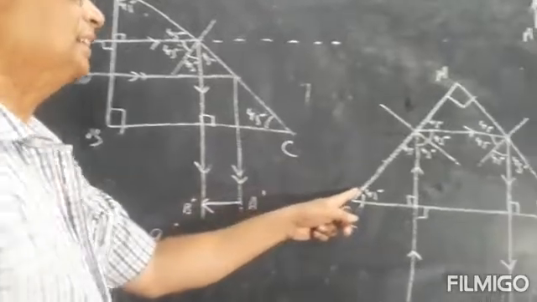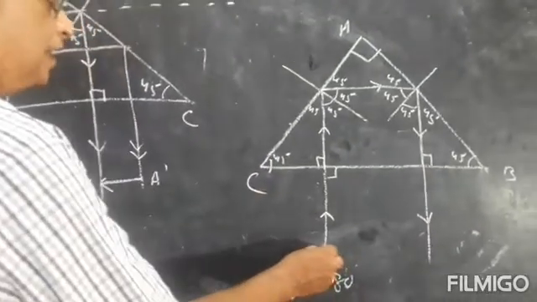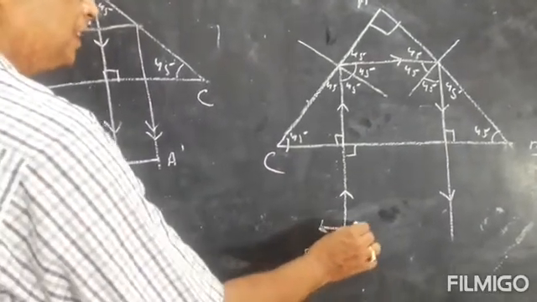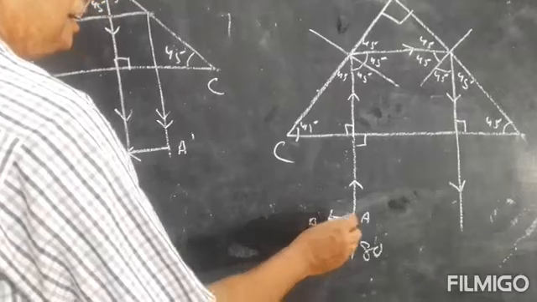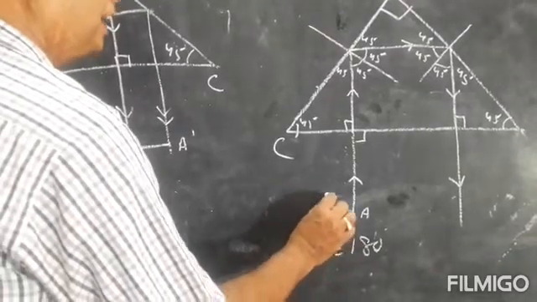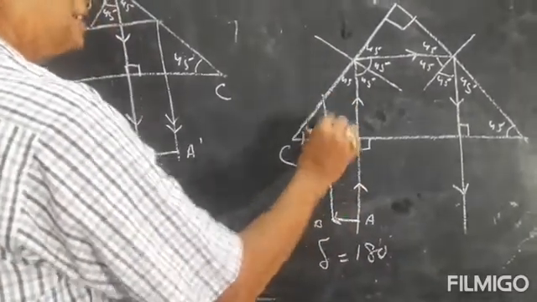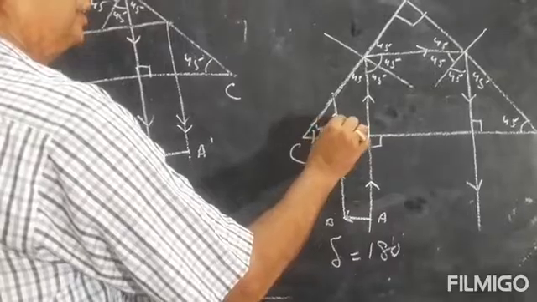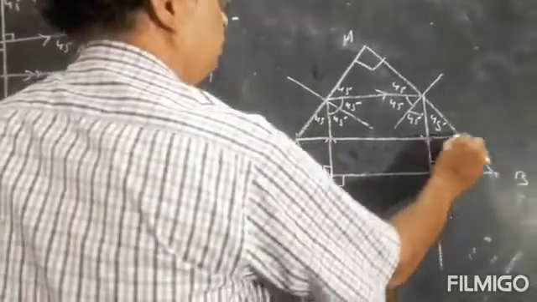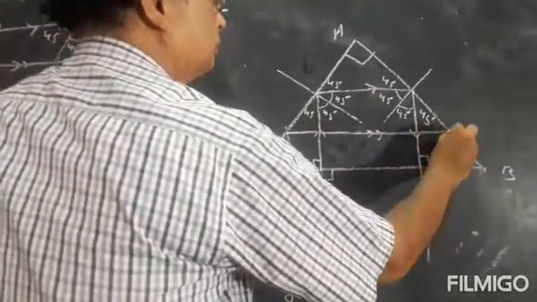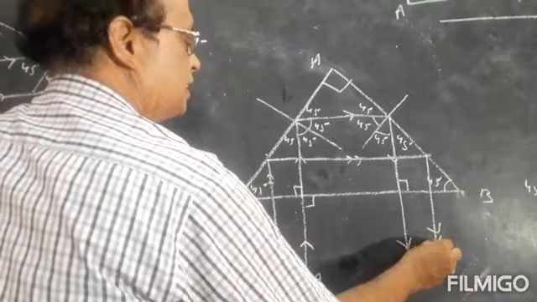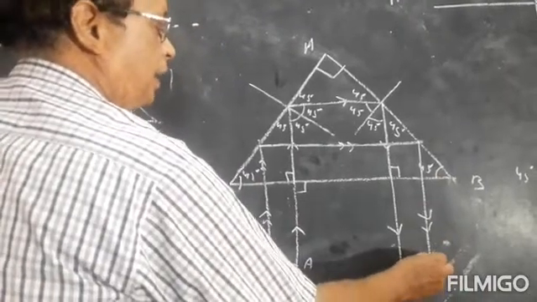Now in this case, if the object is here, this is the object, say AB is the object. Now in order to get the image, you have to take another ray here. From here, second ray. The same way it will be deviated. And this is the emergent ray.